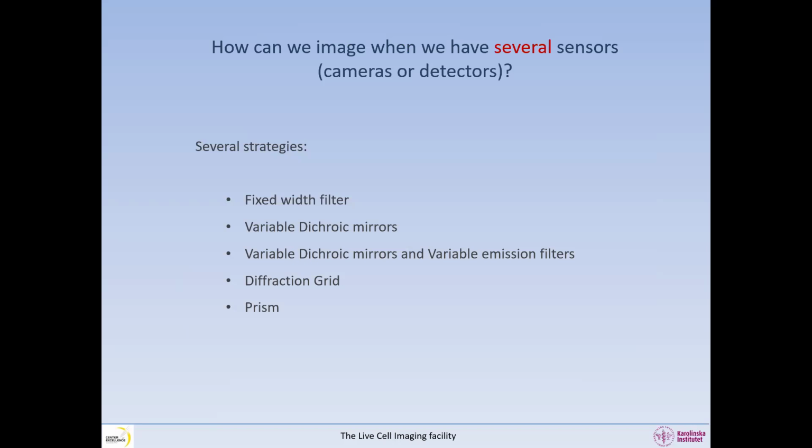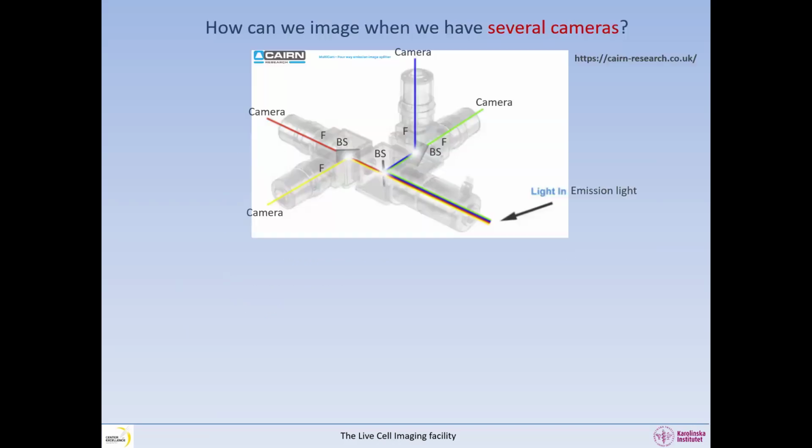Either we can still use fixed width filters, even if we have several cameras and detectors, or we can use variable dichroic mirrors, or a combination of variable dichroic mirrors and variable emission filters, diffraction gratings or grids, or prisms. I will just take you through them, no technical details, just to have an overview of how it works.